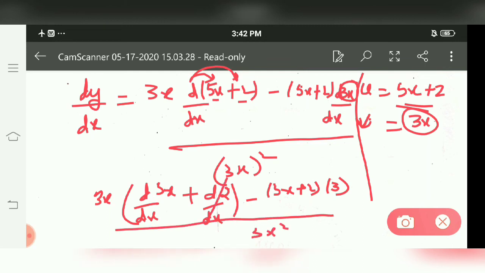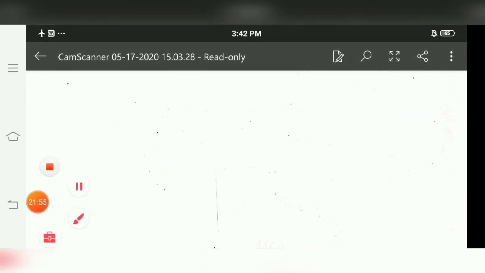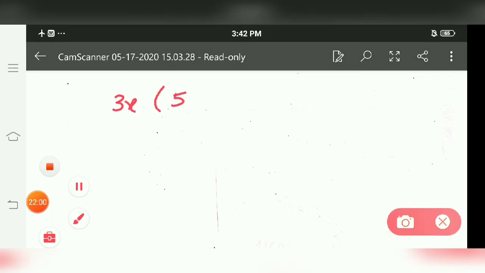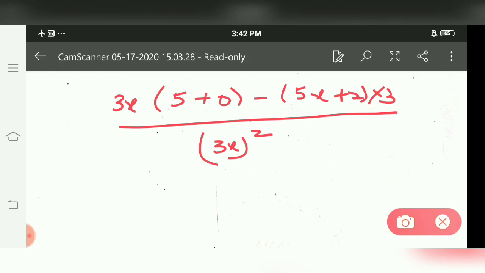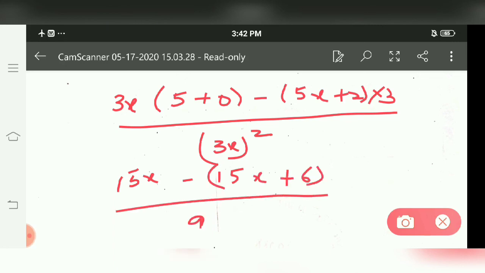If we solve this, the derivative of a constant is always 0. The derivative of 5x is 5. So we get 3x, inside we get 5 plus 0, minus 5x plus 2 into 3, upon 3x whole square. So after solving we get 15x minus 15x plus 6 upon 9x square.